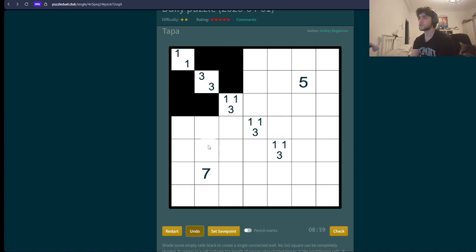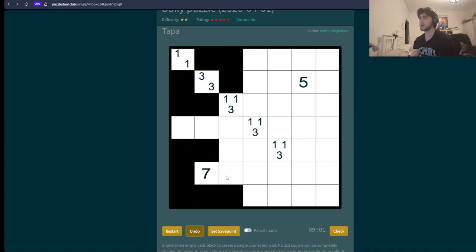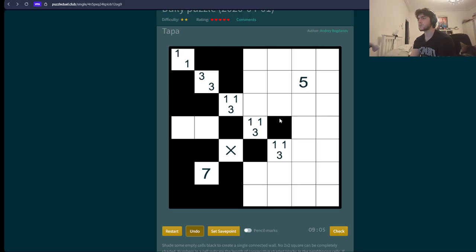I mean, should we try and run with the case whereby these 7 are shaded in and this isn't? Because then obviously this becomes forced. So that's nice. And then we have to either shade in this cell here or this cell here. Either really works.